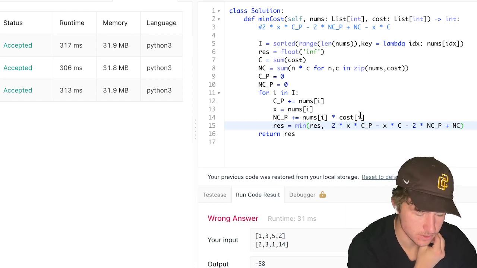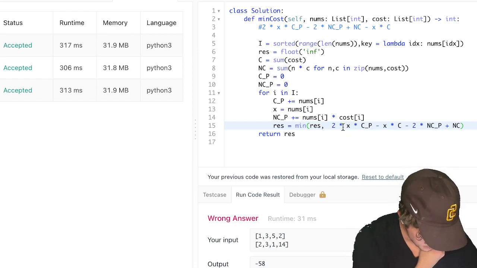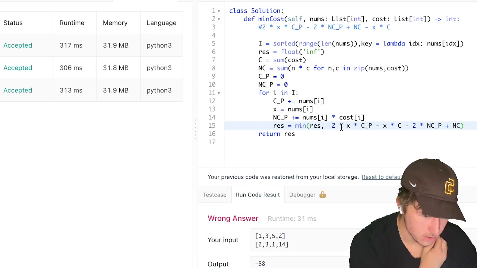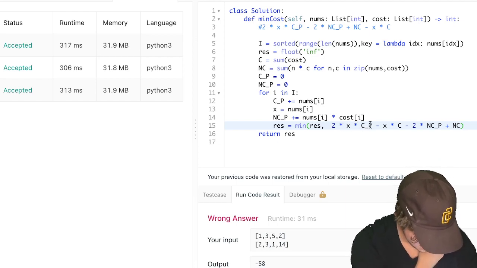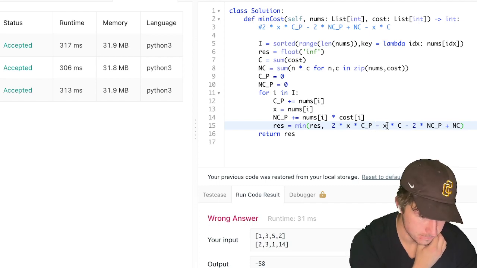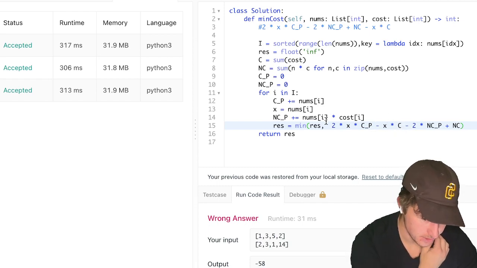Negative 58 again. What is going on? 2 times x times c prime minus x times c.